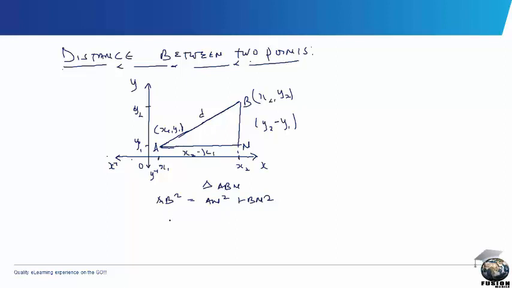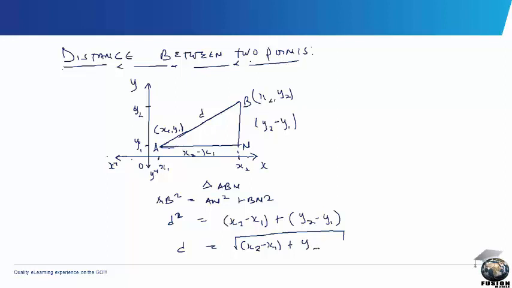Where AB squared is the distance of separation, AN squared is given as x2 minus x1, and BN squared is given as y2 minus y1, so that D itself will be the square root of the sum of their distances of separation.